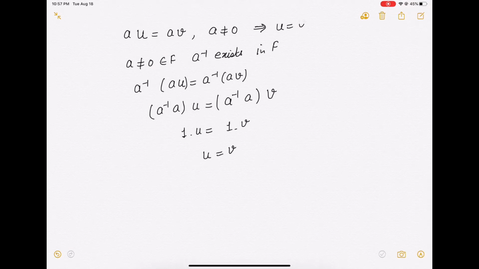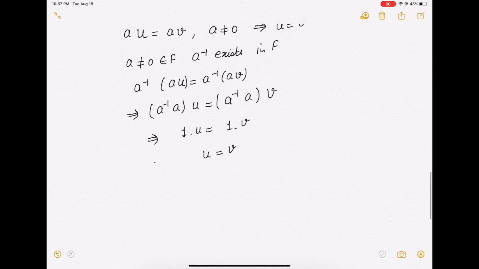So by applying A inverse on both sides of this identity AU equal to AV, we get this, and this implies 1 dot u equal to 1 dot v, and finally we get u equal to v.